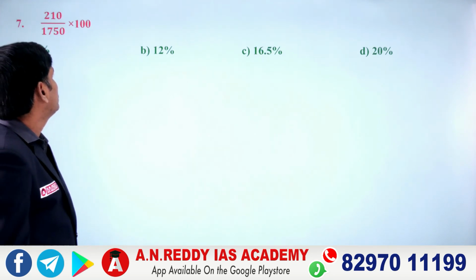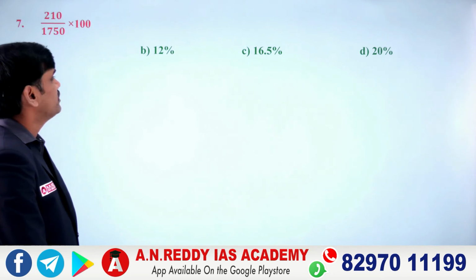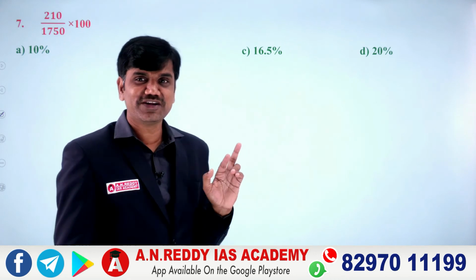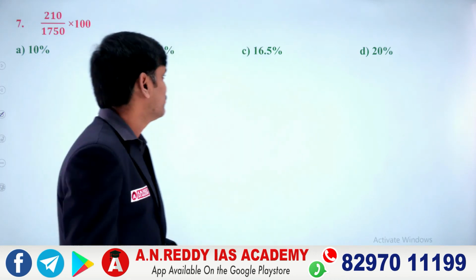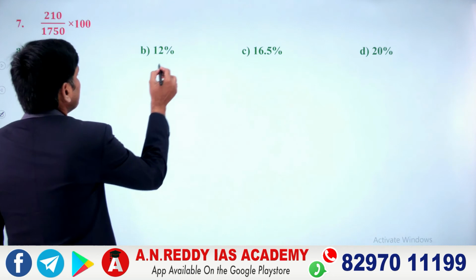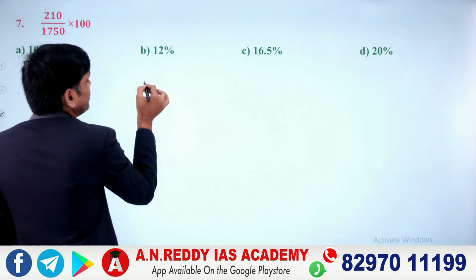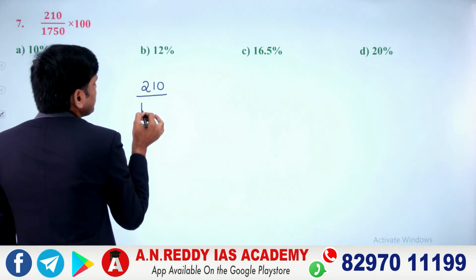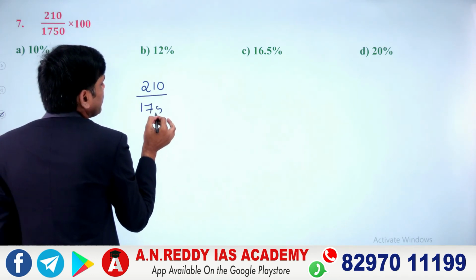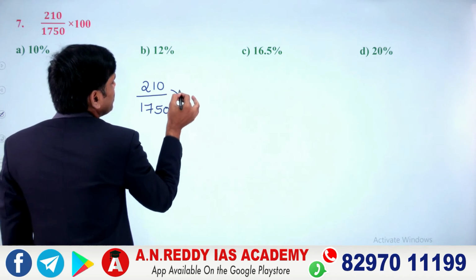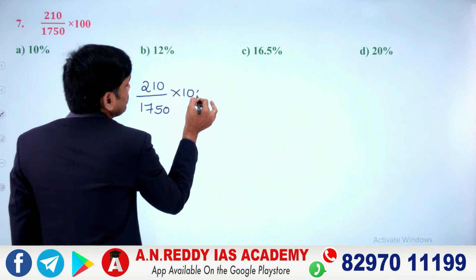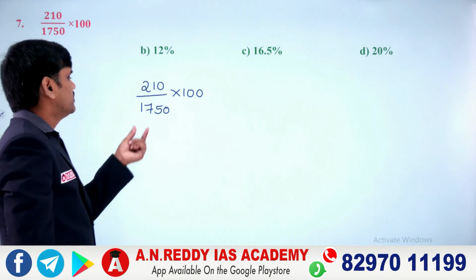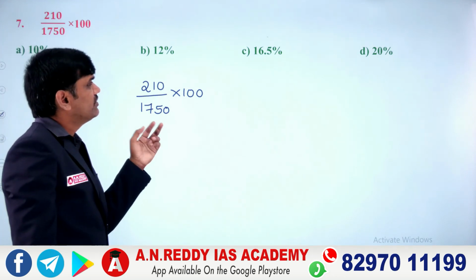Seventh one, 210 by 1750 into 100. Now I will avoid that calculation, I will go only for the range technique now. Just check out carefully. So 210 by 1750 into 100. Here one thing is guaranteed, dear: 10% will be 175, 20% will be 350.